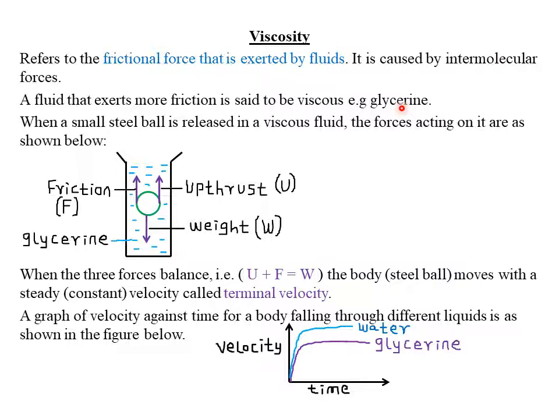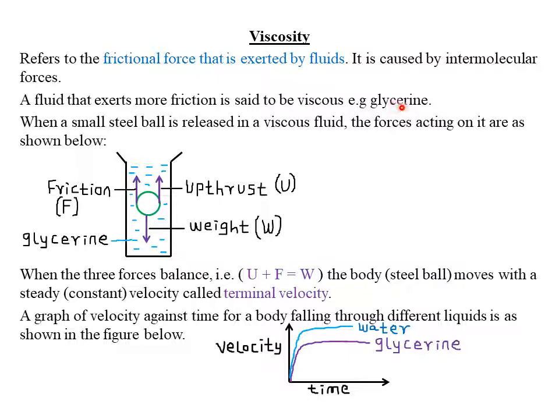That simply shows that porridge and glycerin are highly viscous, or the frictional force between their particles is very high, or the viscous drag in porridge and glycerin is very high as compared to the force of attraction between the molecules of water.